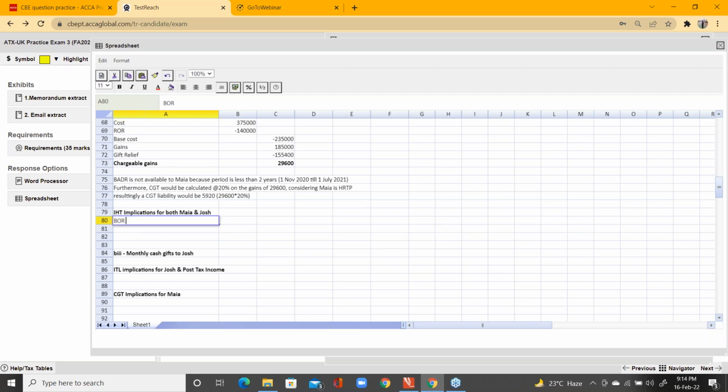Again, even though unquoted company shares are always treated as business assets, BPR would not be available on this business asset, and the business assets are now shares, the unquoted company shares.